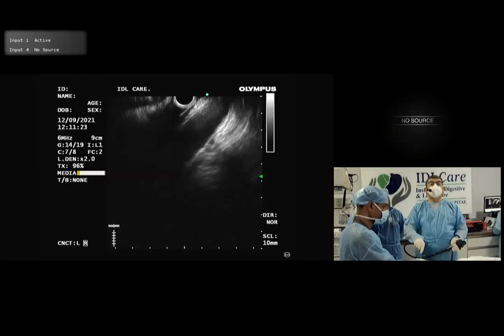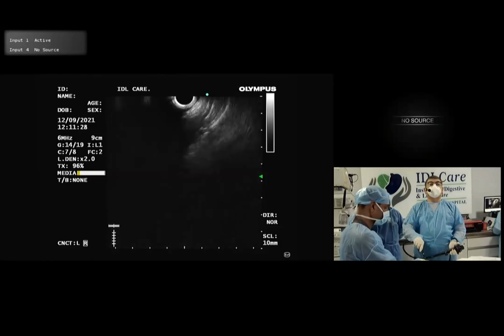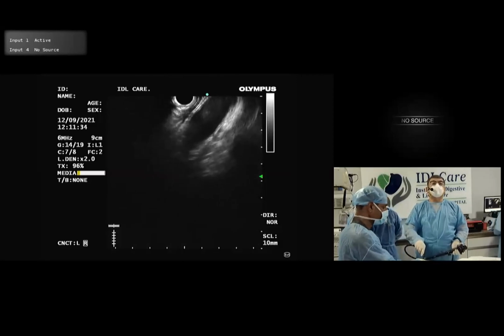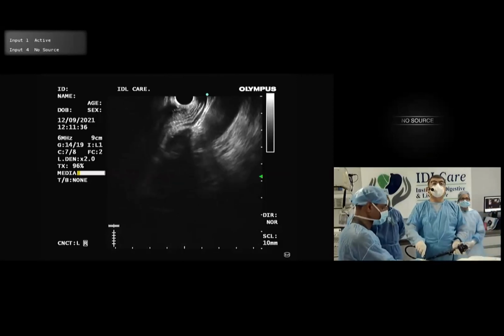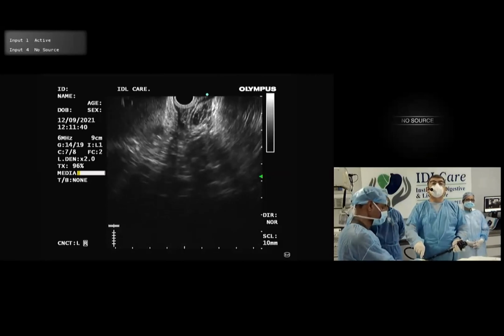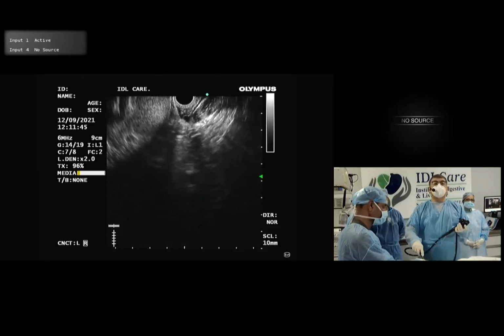So you see here, this is the mediastinum. I'm quickly examining it. If you need to see something really well, you may need some balloon or 2 to 3 cc's of water, but it gives me a much better view of the mediastinum on both sides, and quickly I can evaluate that there is nothing.